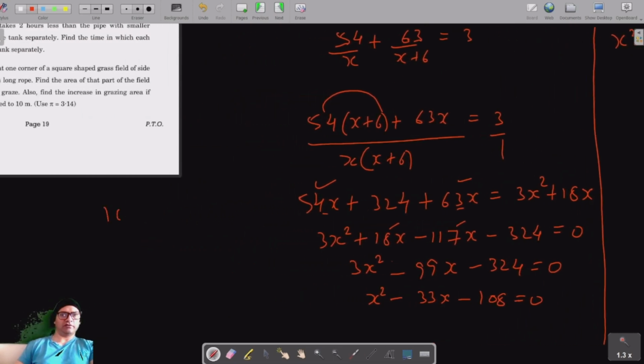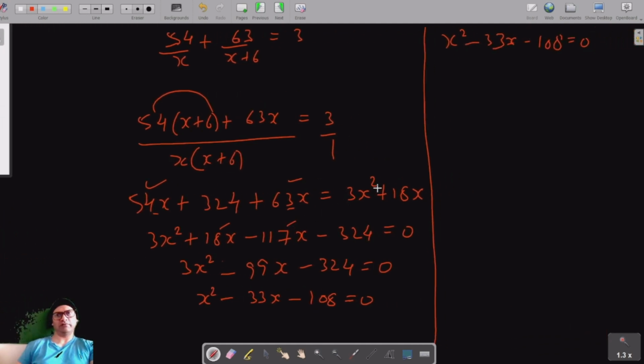And the factors of 108 are 2, 2, 3, 3, 3. So this is 36 and 3. So x squared minus 36x plus 3x minus 108 is equal to 0.